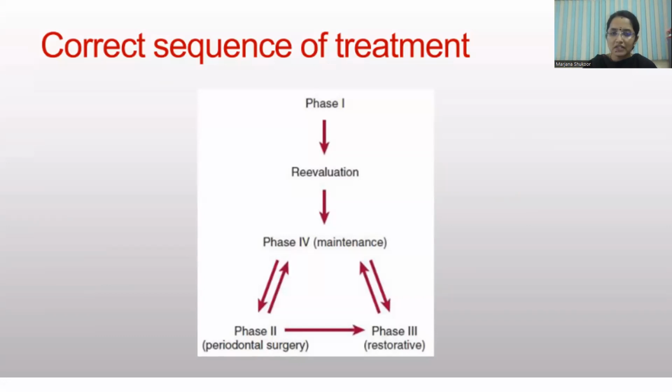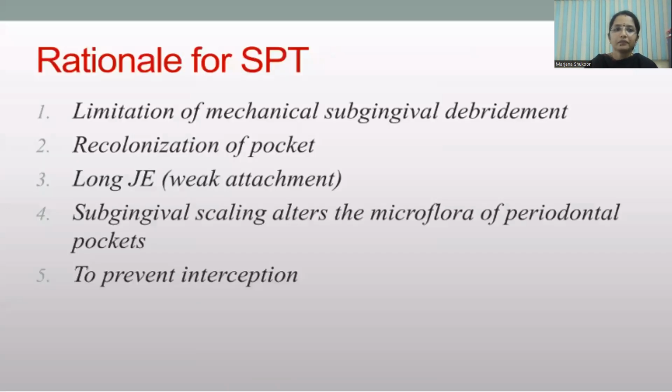Again, the patient will be placed in the phase 4 maintenance phase. Then, when needed, you will perform even the phase 3 or restorative therapy. Then the patient will be placed in phase 4 of maintenance, wherein phase 4 or the maintenance phase plays a very vital role in the success of all your periodontal treatments.